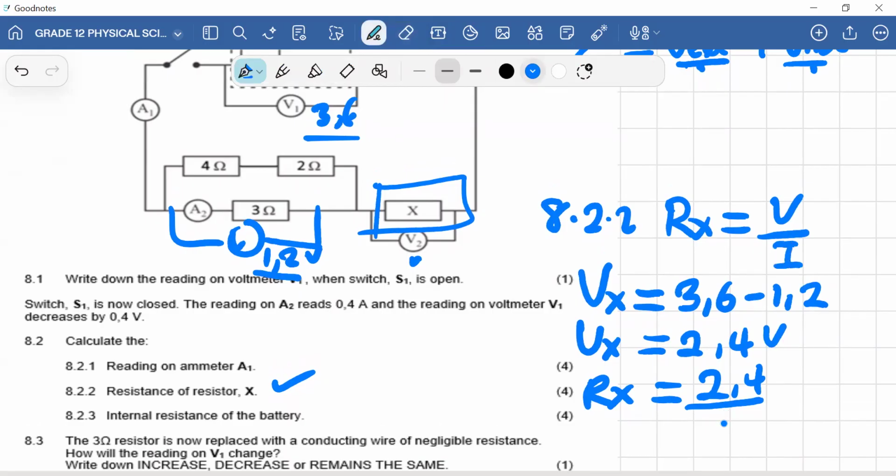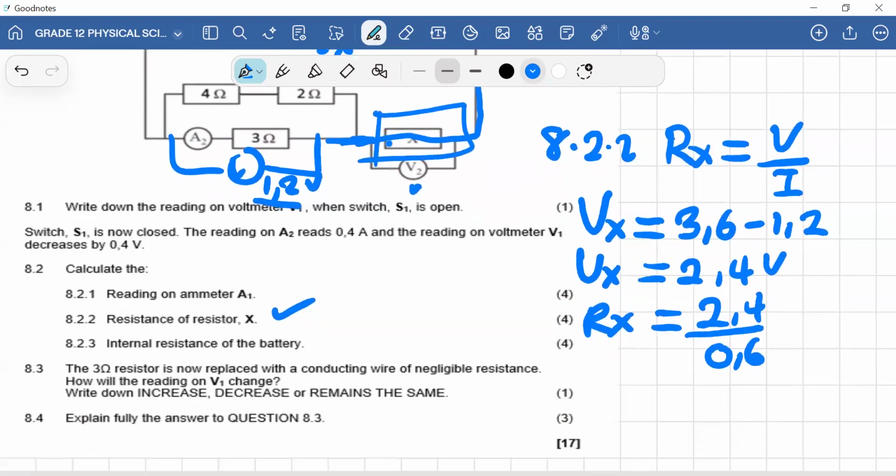So now we divide by the current, and the total current goes through that, because we explained that when the current reaches this side here, they join together, so the total current passes through this resistance here. So now let me use my calculator. Oh, it's going to give me a perfect number, which is 4 ohm resistor. So that is how to find the unknown resistor.